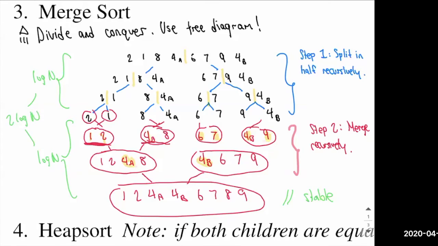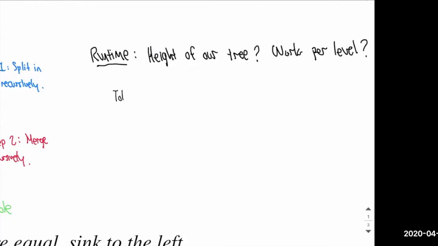How much work is done per level? n. Total input per level is equal to n still. That is, total work is equal to the work per level times the number of levels.